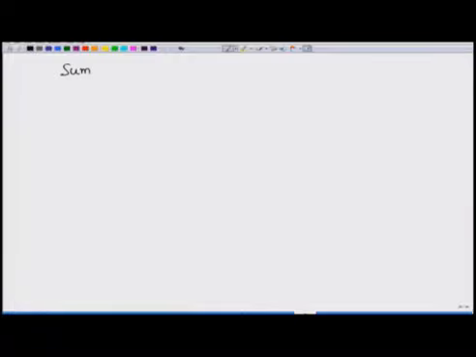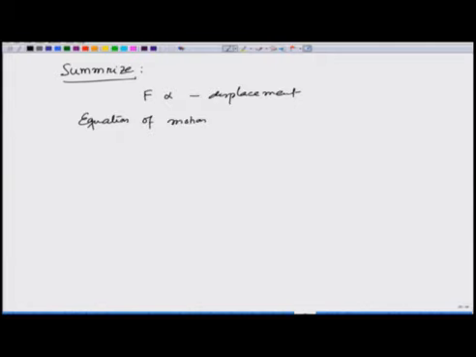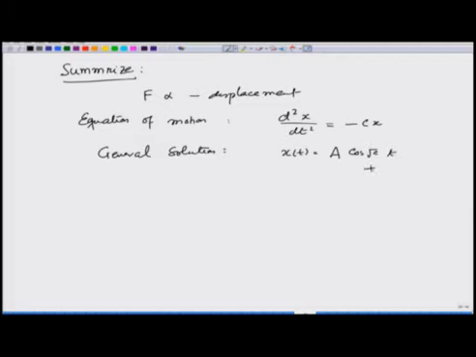So, let us summarize what we have learned so far in this lecture. What is new that we have learnt is that if force is proportional to minus the displacement, the equation of motion is of the form d2x by dt squared is equal to minus c x, and the general solution of this equation is of the form x(t) equals some constant A cosine of root c t plus some other constant B sine of root c t.